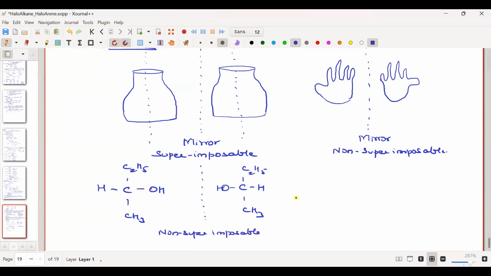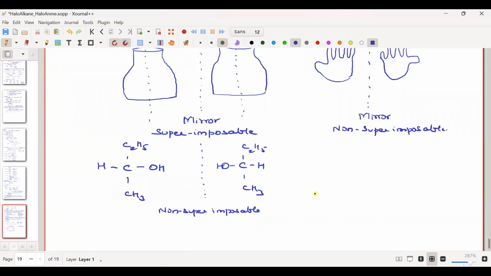Okay. Now, what is this basically? What compound is this? Alcohol. This is butan-2-ol. C2H5, so 4 carbons, and the second carbon has OH. This is one compound, but I have two structures.